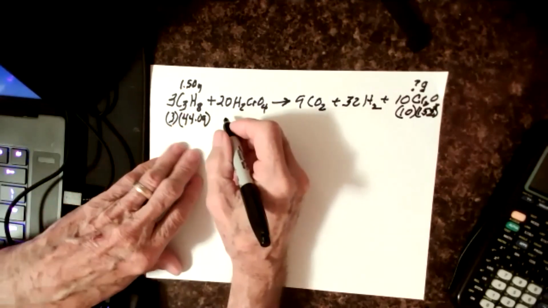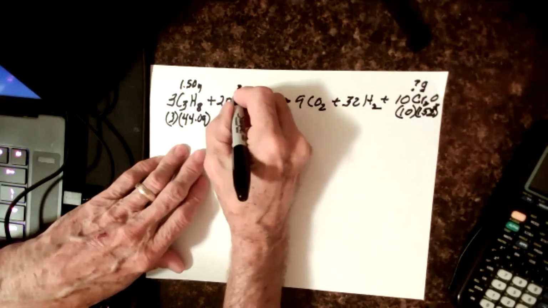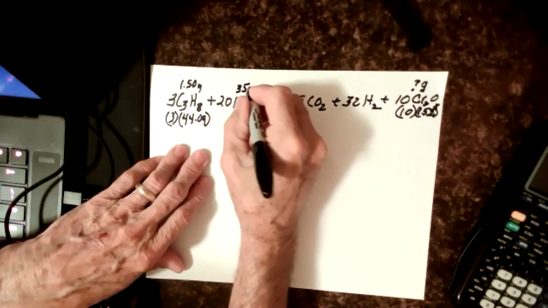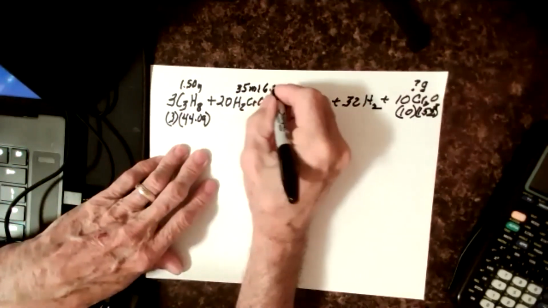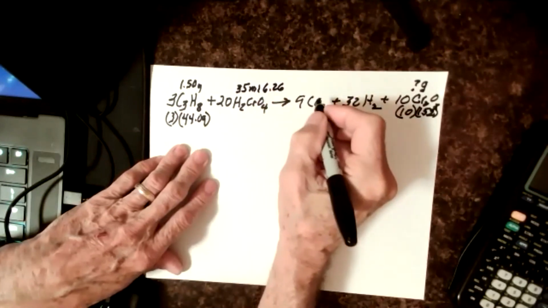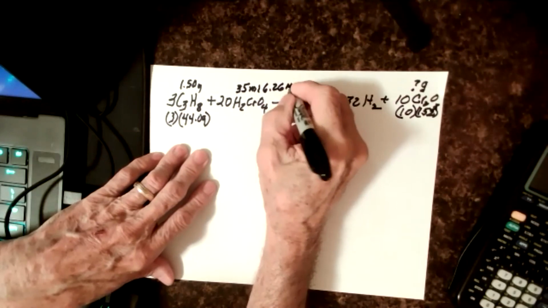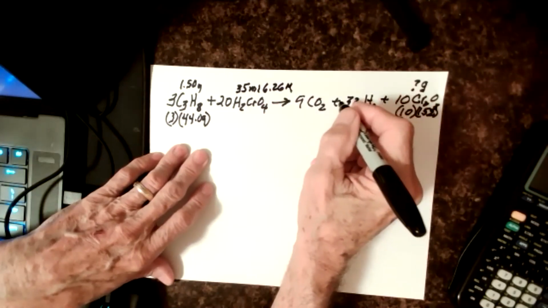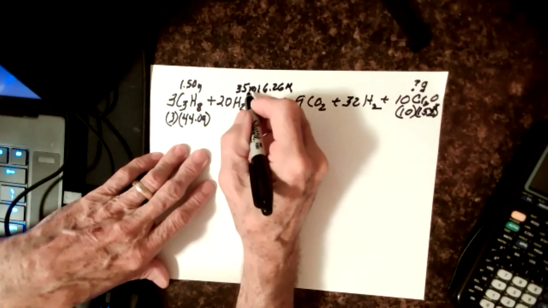And we're reacting that with 35 milliliters of 6.26 molar chromic acid.